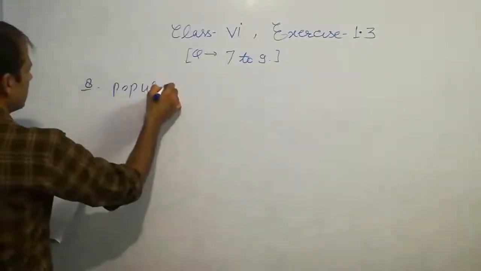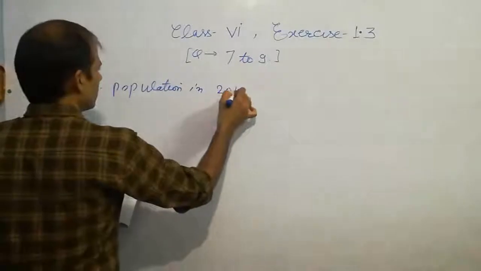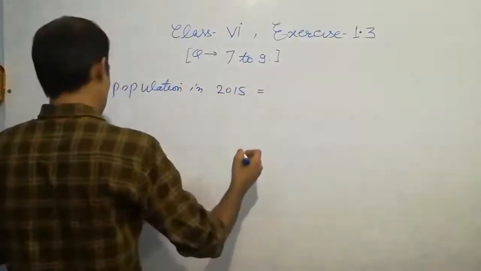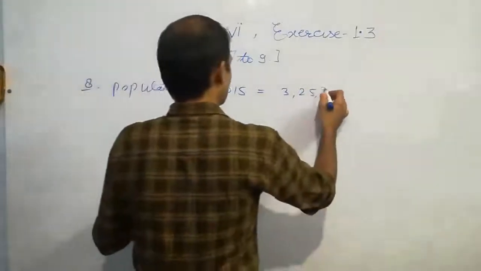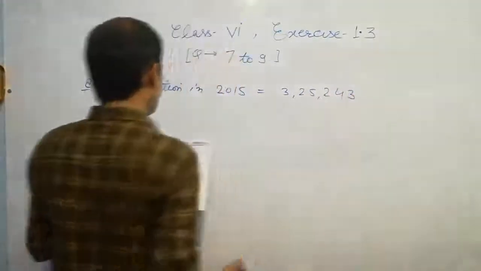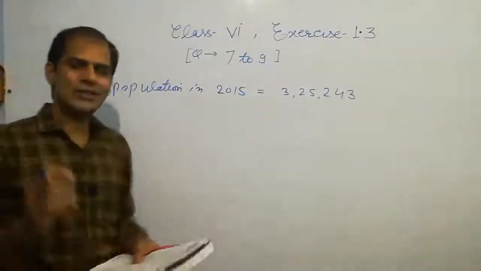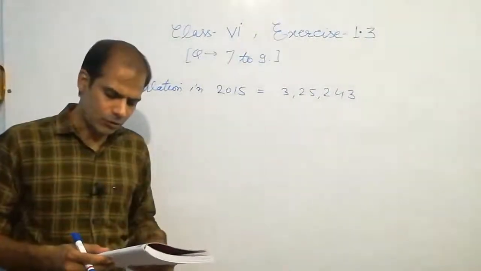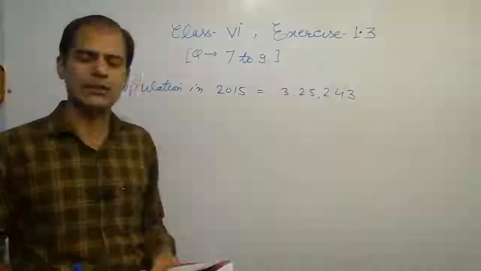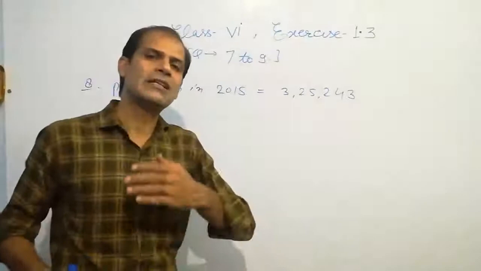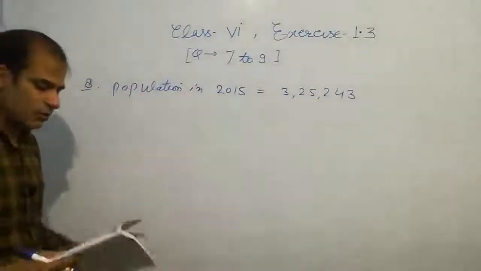Population in 2015 equals 325,243, and in 2016 it was found to have increased by 51,927. So it was found to be increased, means the population was increased by the given number.